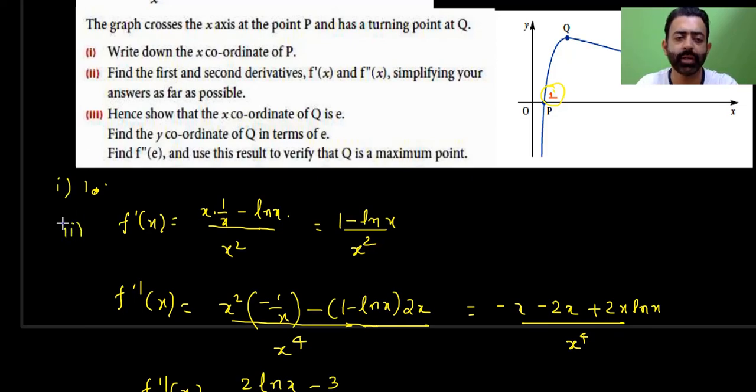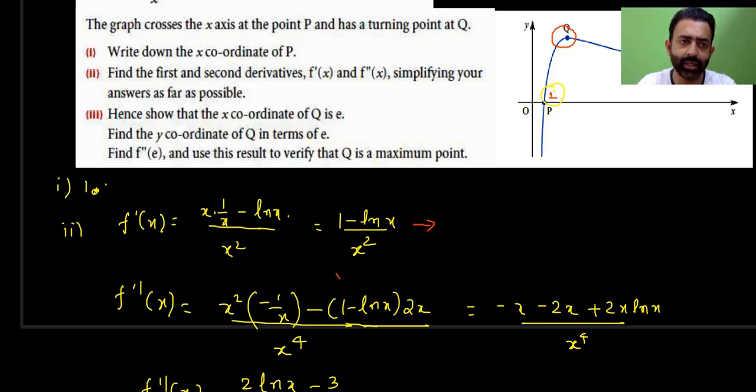This is your second part, and the third part says hence we have to show that the x coordinate of point Q is e. What is the point Q? It says that this Q is your maxima. Maxima will be obtained by putting f dash x equal to 0. So here I have my f dash x.